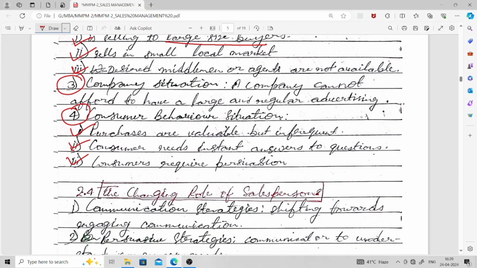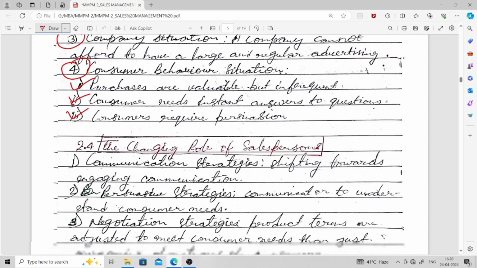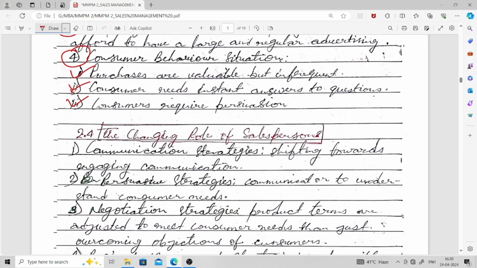Then the company situation, when the company cannot afford large and regular advertising. And the fourth is consumer behavior: whenever the consumer wants an immediate answer, or needs persuasion, or makes a valuable purchase, then in those situations we need personal selling.